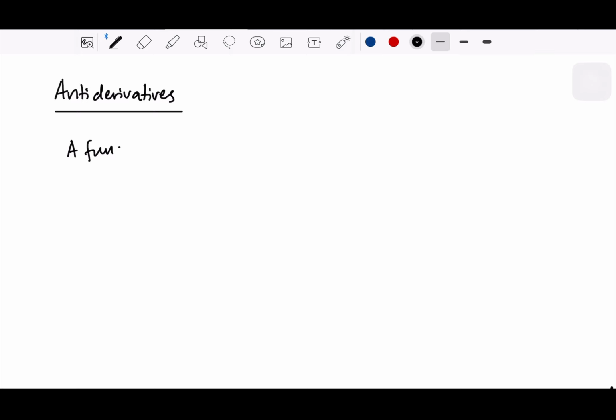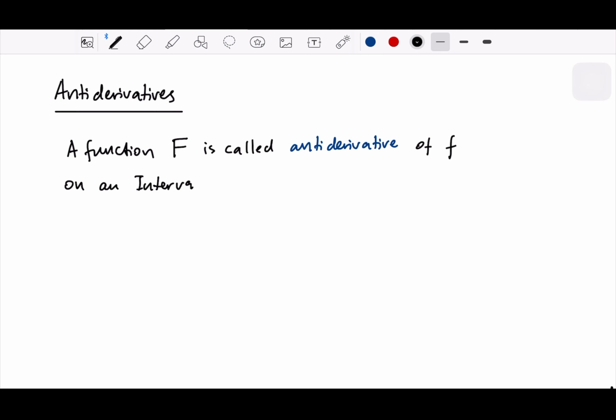So let's say a function, we define the antiderivative as follows: the capital F is called an antiderivative of a function f, small f, on an interval I if F prime of x, the capital, is equal to small f, like that, for all x in the interval.